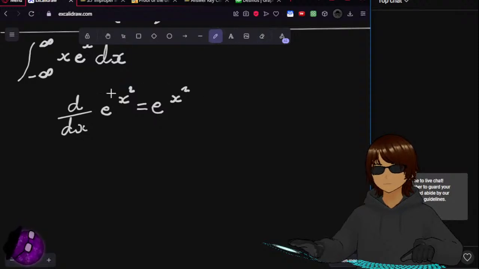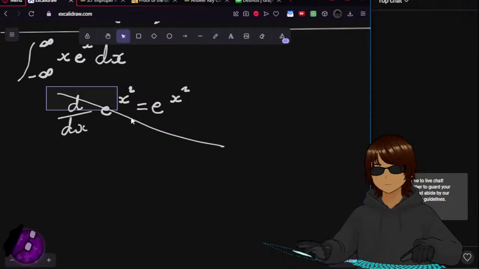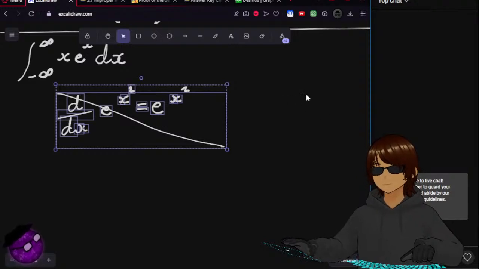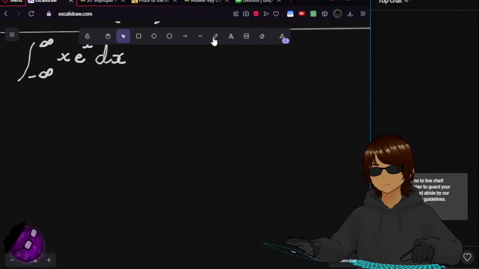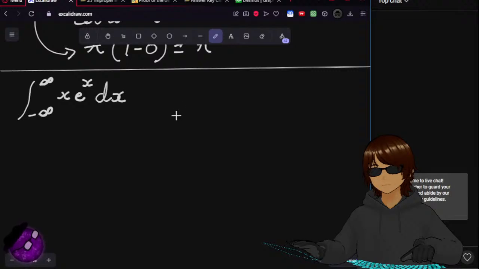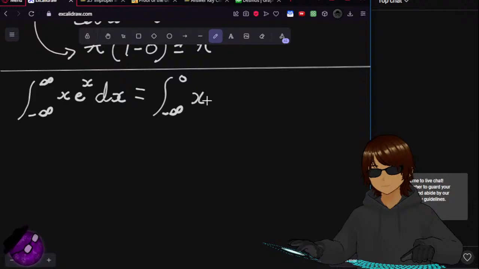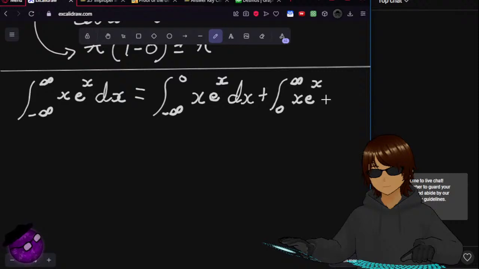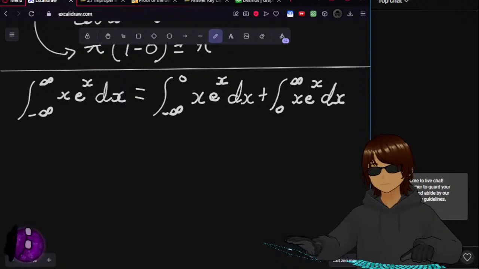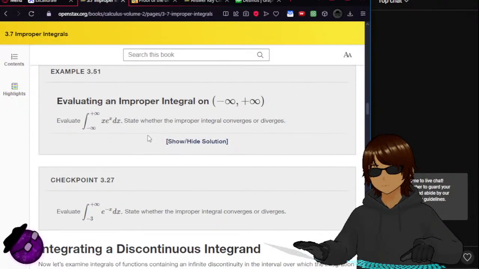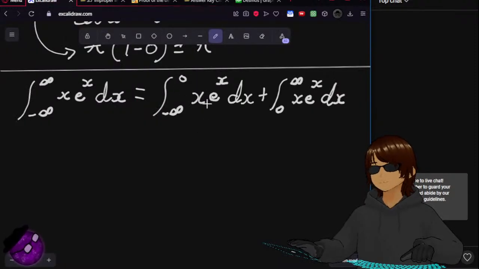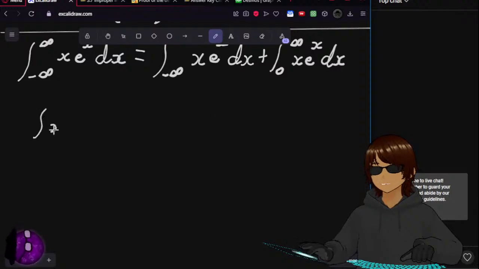That doesn't make sense. I forgot what's the integral of this.